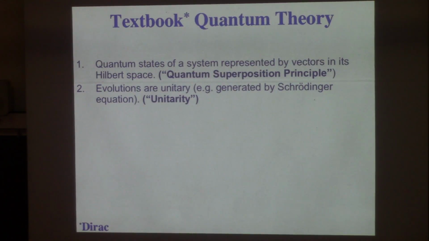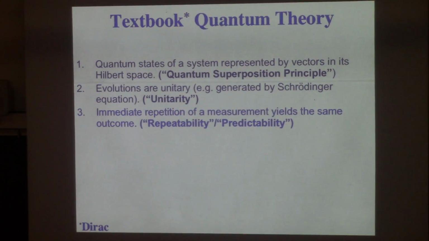First two, states live in Hilbert space, evolutions are unitary. These two have to do with mathematics only. You know, if you know these, you can shuffle symbols, but there's no connection to the real world. Number 3 begins to make that connection. It says immediate repetition of measurement yields the same outcome.